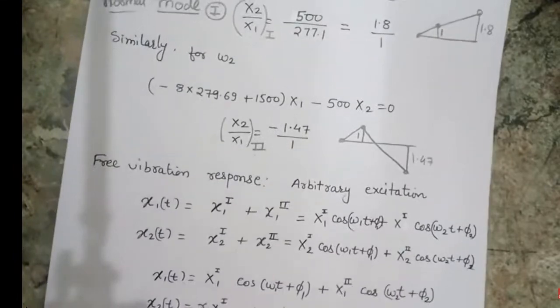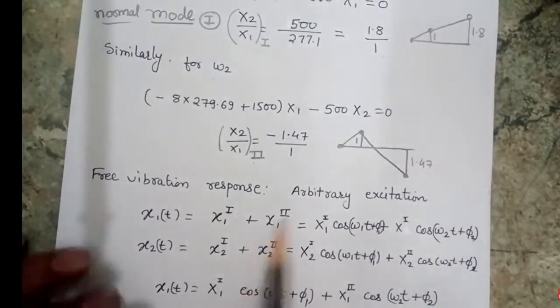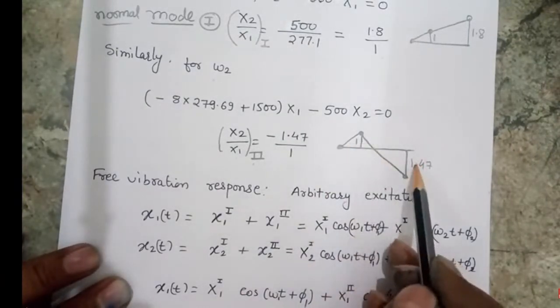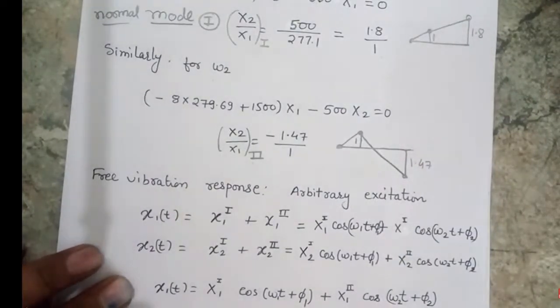If the system is moving with the second natural frequency, the unique solution will be that the first mass moves 1 unit and the second mass moves 1.47 times that displacement, but in the opposite direction.